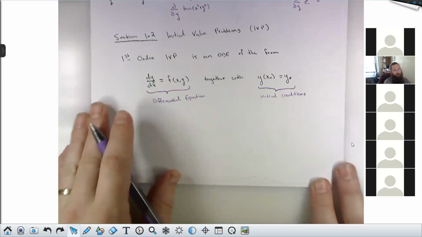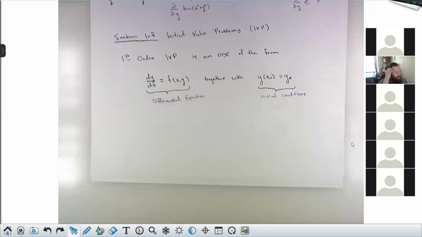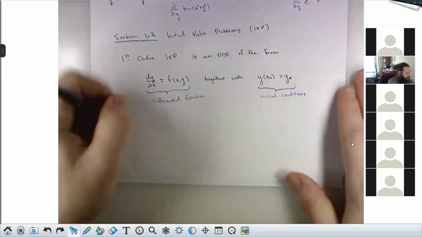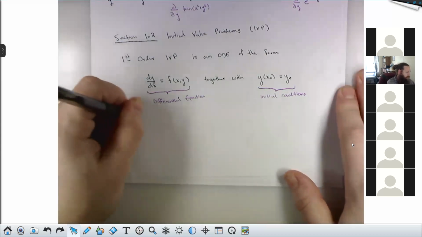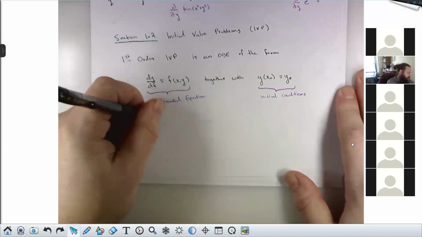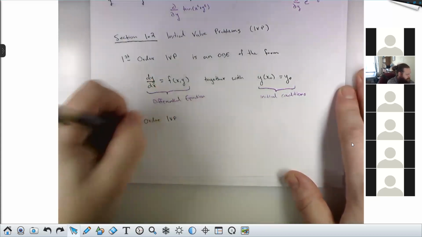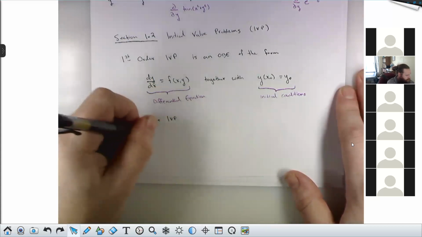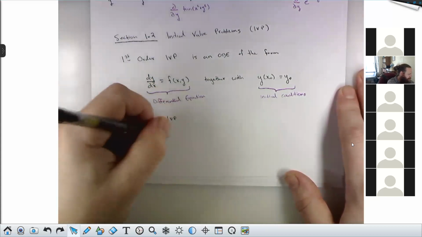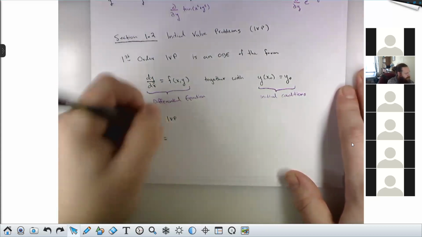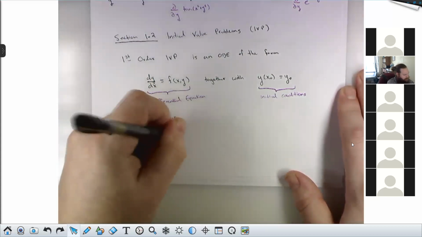Second order IVPs are the same thing, you kind of just do it again. But I'll go ahead and show you technically what a second order IVP is. This is something like d2y over dx squared is a combination of x, y, and y prime.